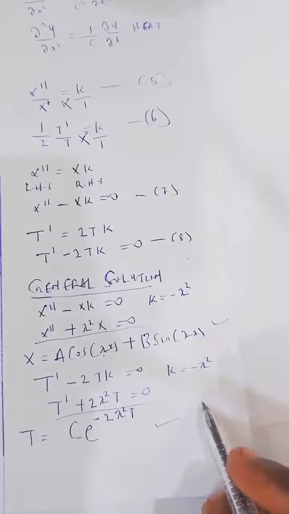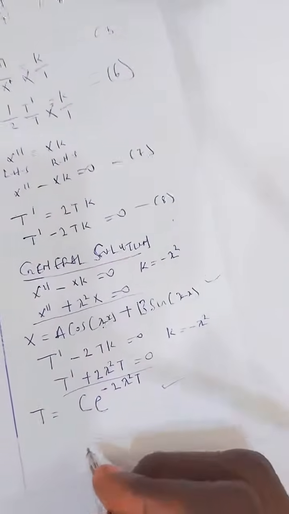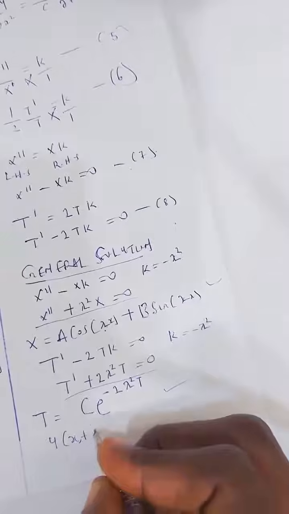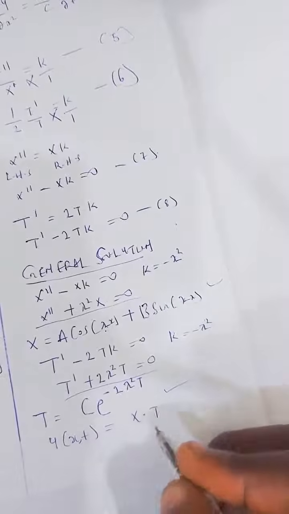They have their own general solution. Back to what we started with. We said generally u is always a function of what? x multiplying t.